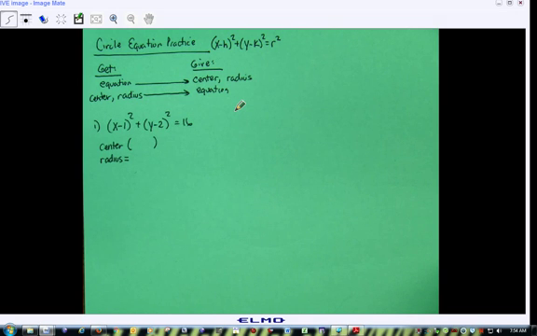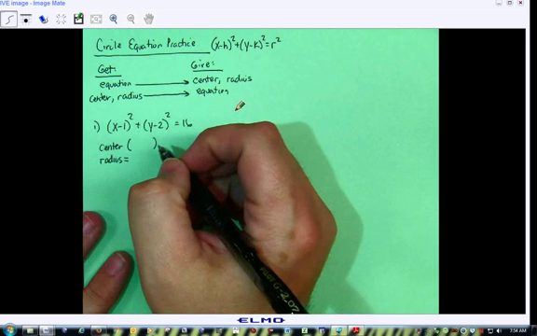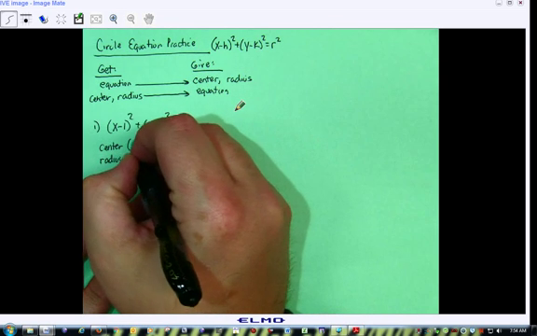On the count of 3, tell me the x-coordinate of the center. 1, 2, 3. No, not x. It's a number. I'll give you a hint. It's a number. 1, 2, 3. It's not 2. It's 1.